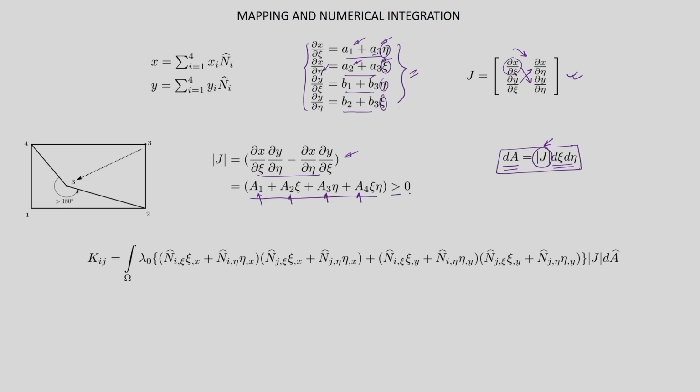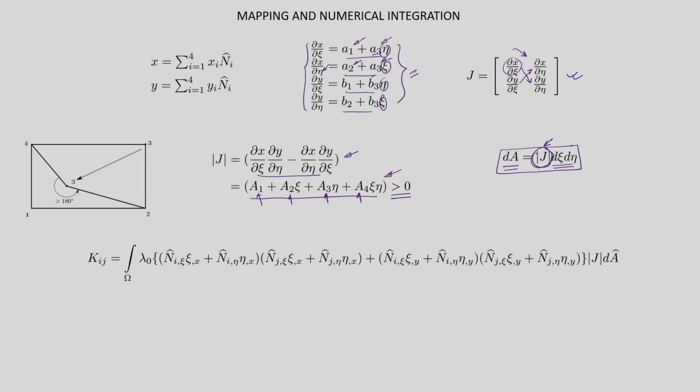That is why it has been written as positive. Now, you just try to realize that J is a function of ξ and η. It is no more a constant, as in the case of the triangular element. It varies with ξ and η, and it has to be positive at all points in the master element. So, J has to be always positive.